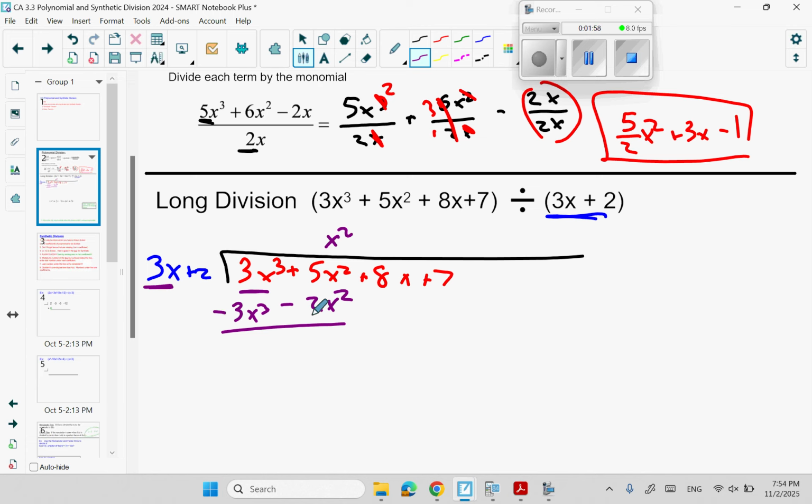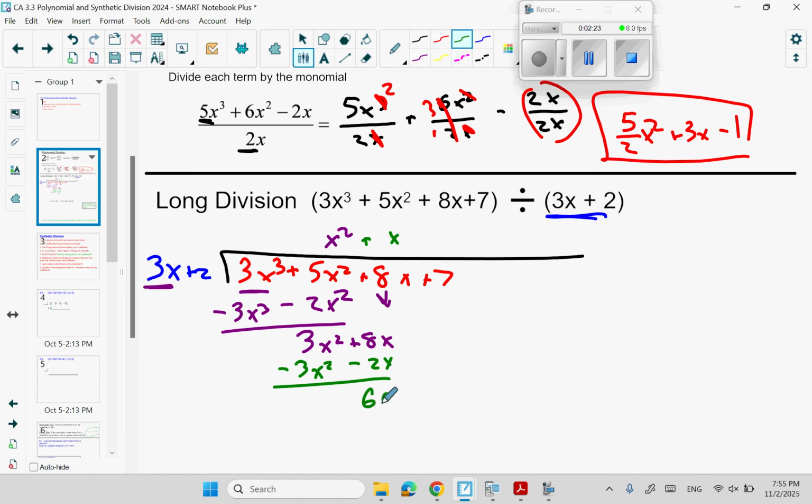Then I get 5x squared minus 2x squared gives me 3x squared. I'm going to drop down a second term, and I repeat the process. What times 3x gives me 3x squared? That would be x. Distribute my x: 3x squared plus 2x. Subtracting going down, so I flip the signs.